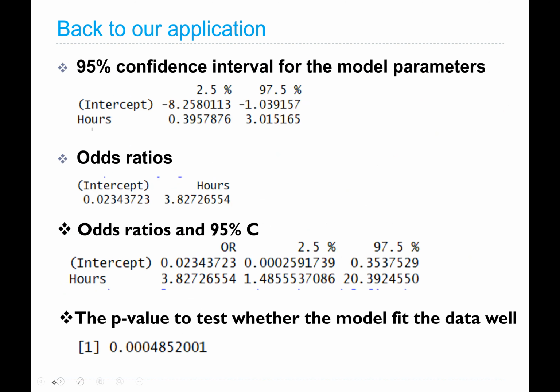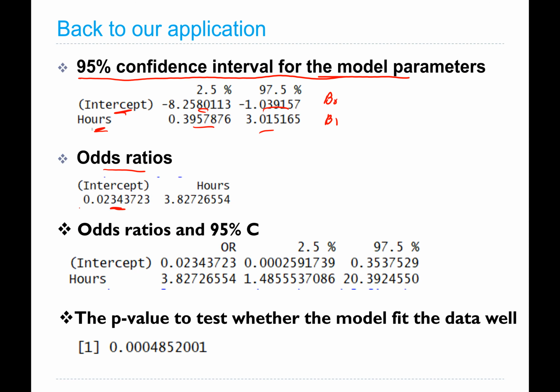Can I find a 95% confidence interval for the model parameters? You can do it for beta 0, lower limit and upper limit, or beta 1, lower limit and upper limit. This one is for beta 0, this one for beta 1. Can I get the odds ratio for the intercept and the explanatory variable?